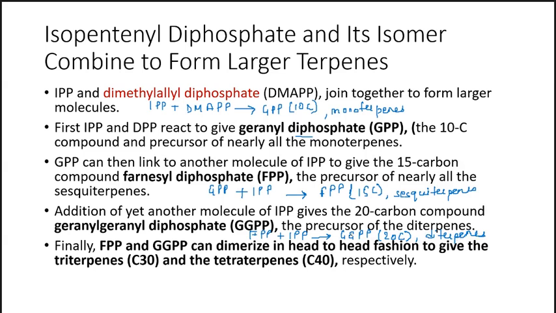After that, FPP can dimerize. One FPP plus another FPP: FPP was 15, so 15 will combine to form a 30 carbon compound. The 30 carbon compound is known as a triterpene.